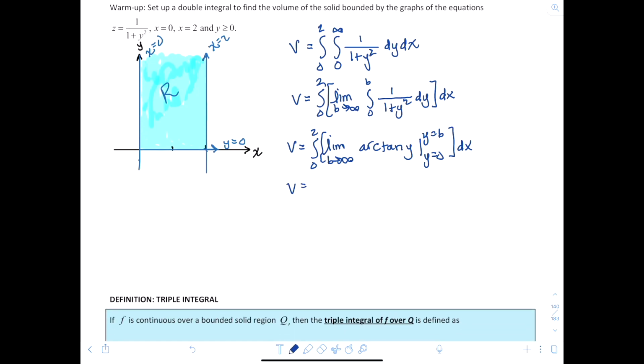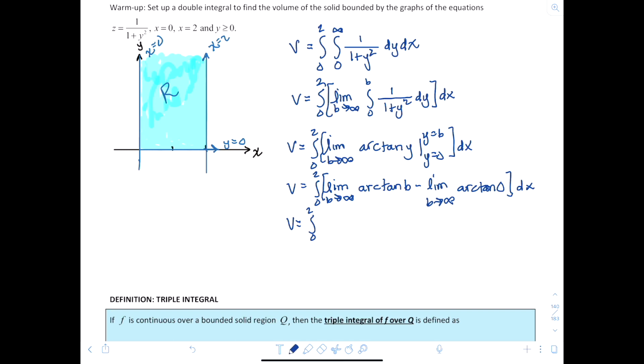So this will be the integral from 0 to 2 of the limit as b approaches infinity of arctangent at b minus the limit as b approaches infinity of arctangent at 0, and then we'll still be integrating with respect to x, going from 0 to 2.